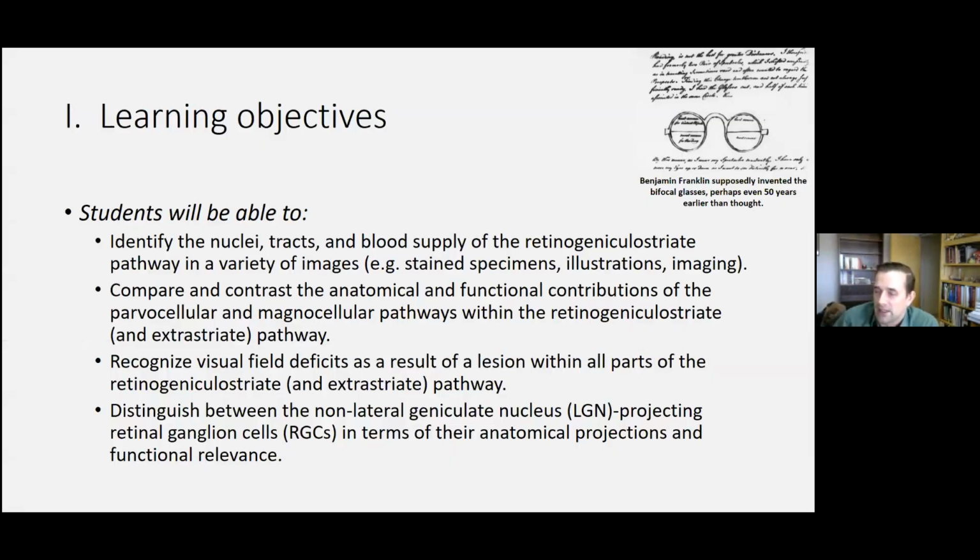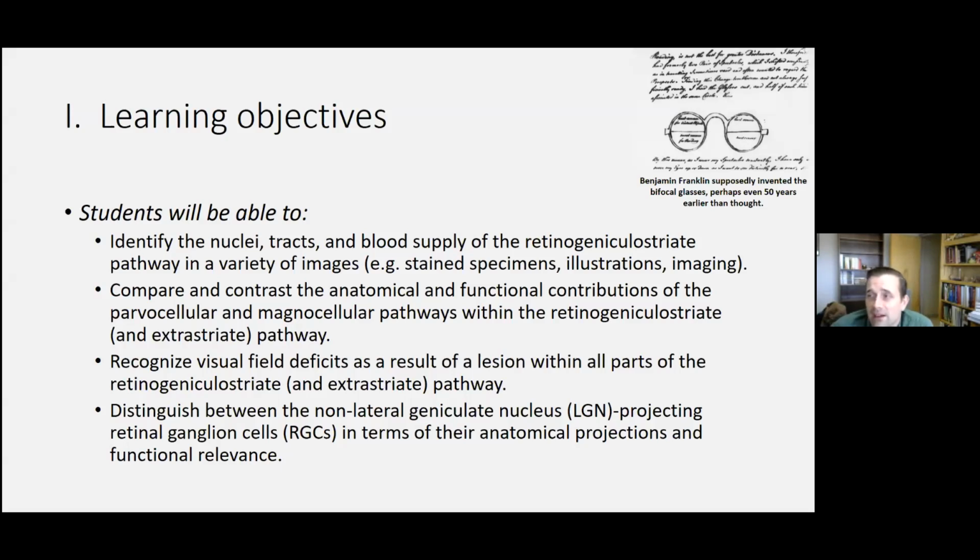So real quickly, for this lecture, you should be able to identify nuclei and tracts. Blood supply is not all that important, but mainly nuclei and tracts of the retinogeniculostriate pathway in a variety of images.